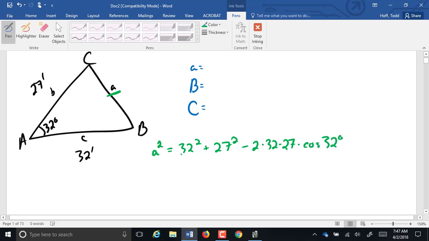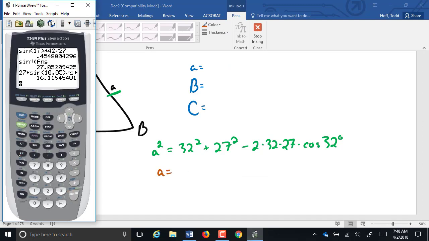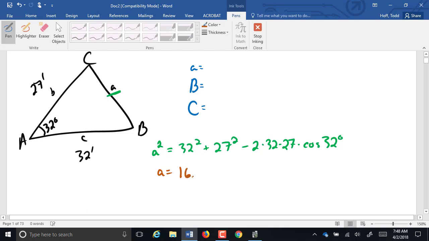Would it make a difference if he did 27 first and then 32 squared? No, makes no difference. So then let's find what A is. I'm going to do the square root right away. 16.96 for A.